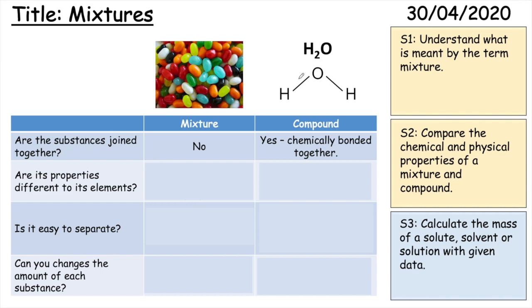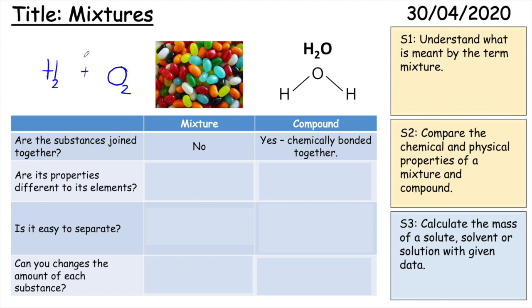Are its properties different to its elements? Well, here the blue sweets will always remain the blue sweets. They're unchanged. Now if we try and think about this in more of a chemical term and look at the elements that make up water here, water is made up of hydrogen and oxygen. Well, on its own, hydrogen and oxygen are a gas. The elements are gases.